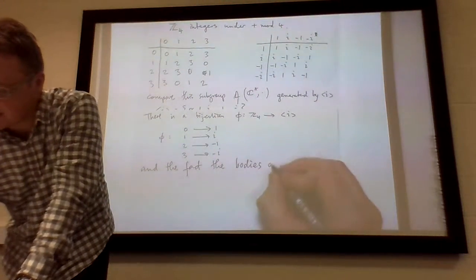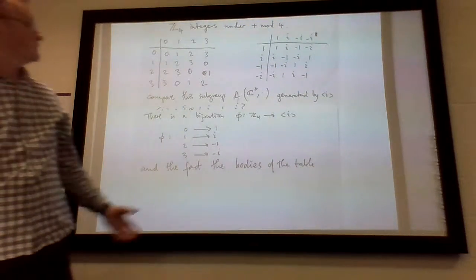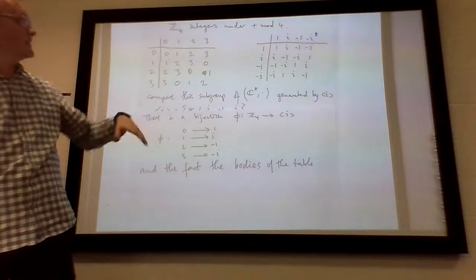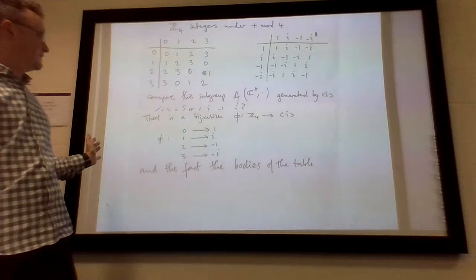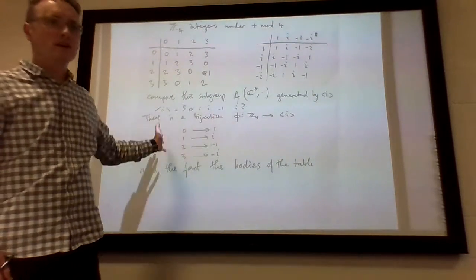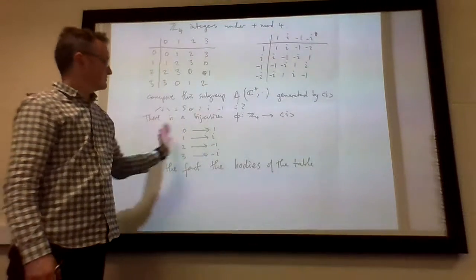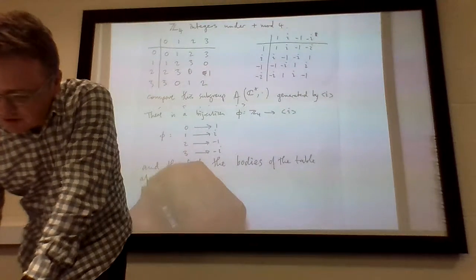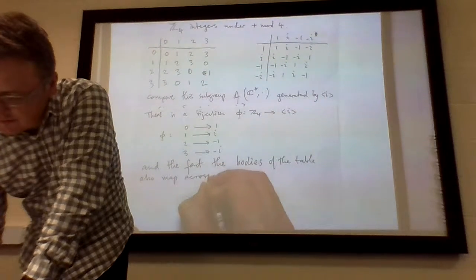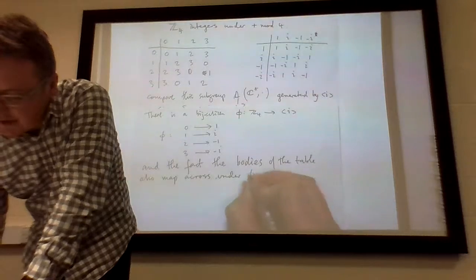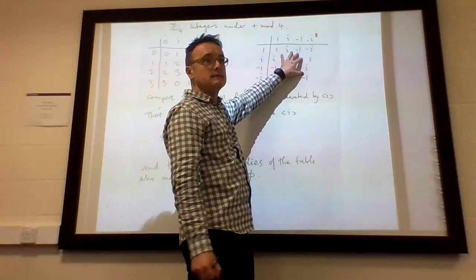And the fact that the bodies of the tables are identical under this map, the bodies of the tables also map across under phi. So if you just apply phi to this body, you see it over here.